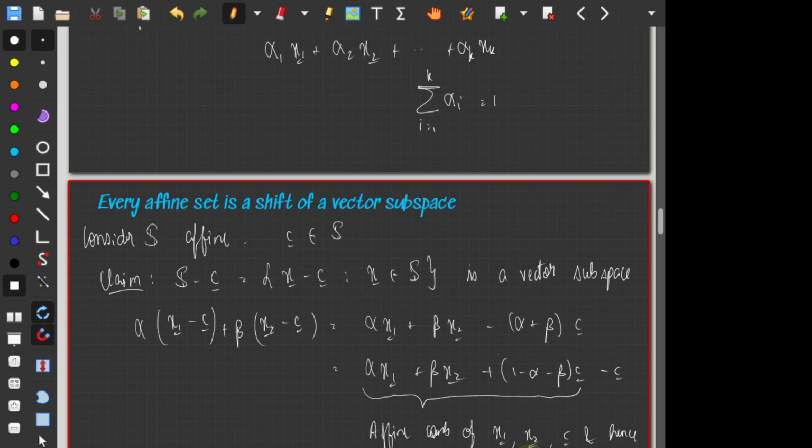So effectively every affine set, no matter, we started with an arbitrary affine set, right? You take any vector from the affine set, subtract all the vectors from the affine set from this, you get a vector space.